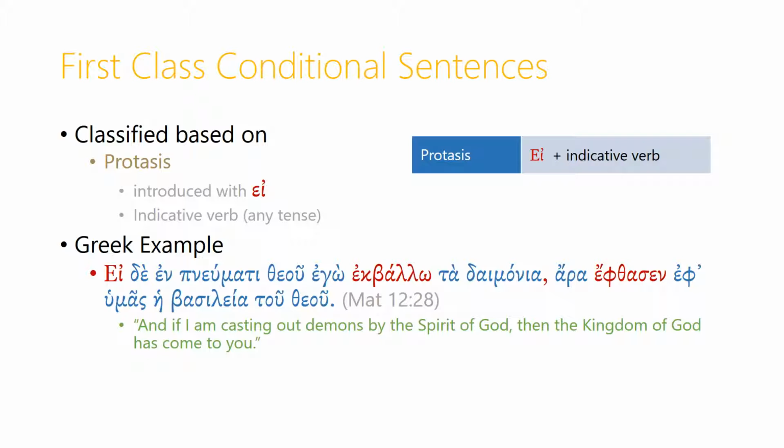Now notice we used ei, and ekballo is just a regular indicative verb, present tense here. Then the kingdom of God has come to you. Ara ephthasen eph' hymas hē basileia tou theou. And ephthasen is a form of phthano, but it's a regular first aorist.